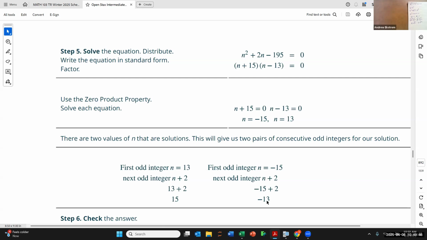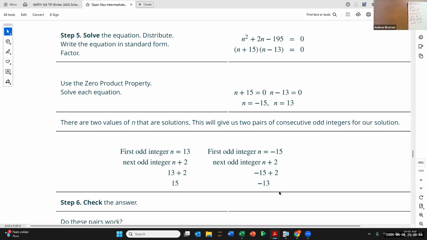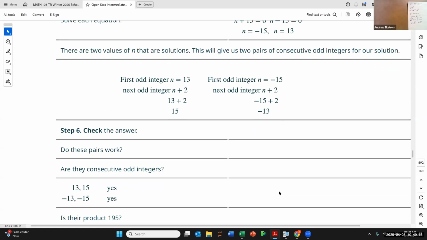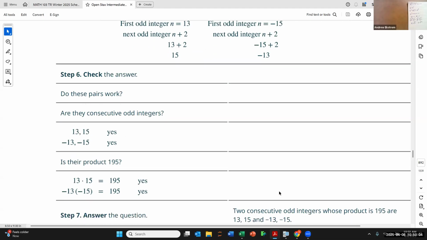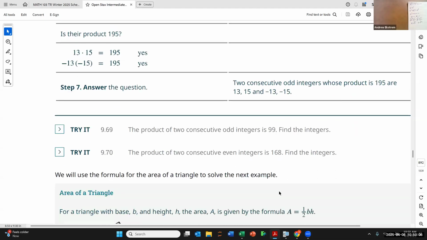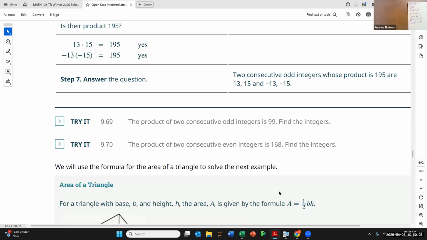And then we can look at -15 and -13, does that make the initial equation correct? So in this case, as long as both pairs work, we've got 2 different answers that we could actually go with here. So that is something we need to be aware of.